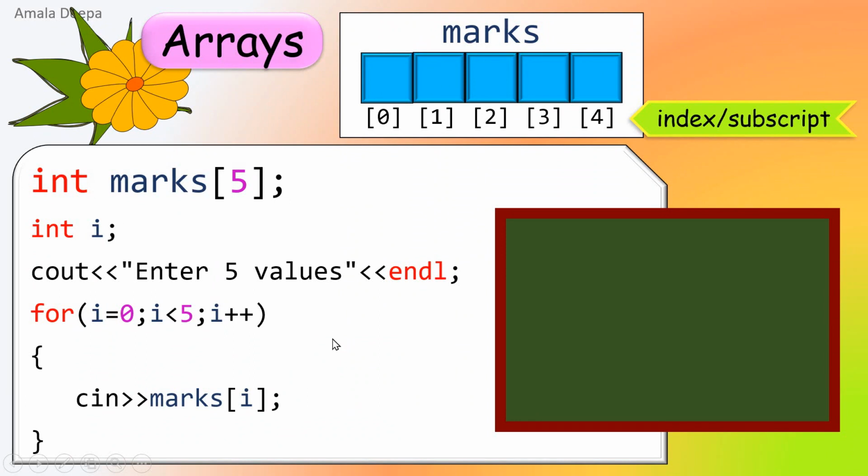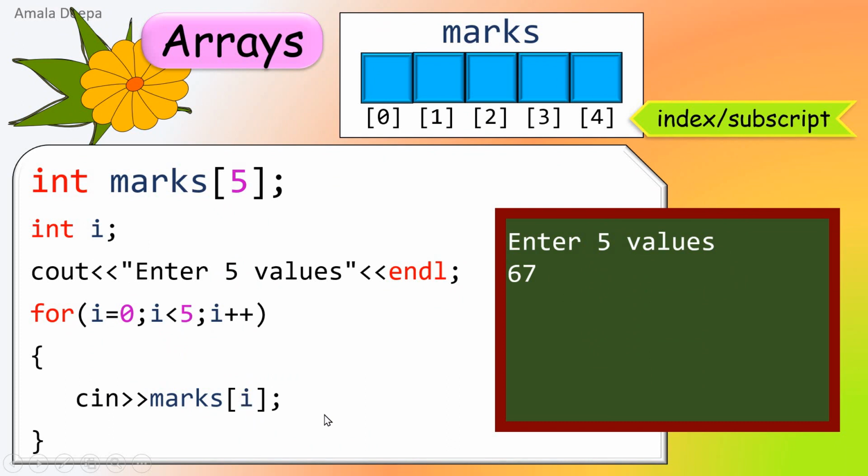When I execute this code, first the message "enter 5 values" is printed, and because of the endl, the cursor waits in the next line for input. As I give the first element of the array, it will be read by cin and stored in marks[0] because the initial value of i will be 0.